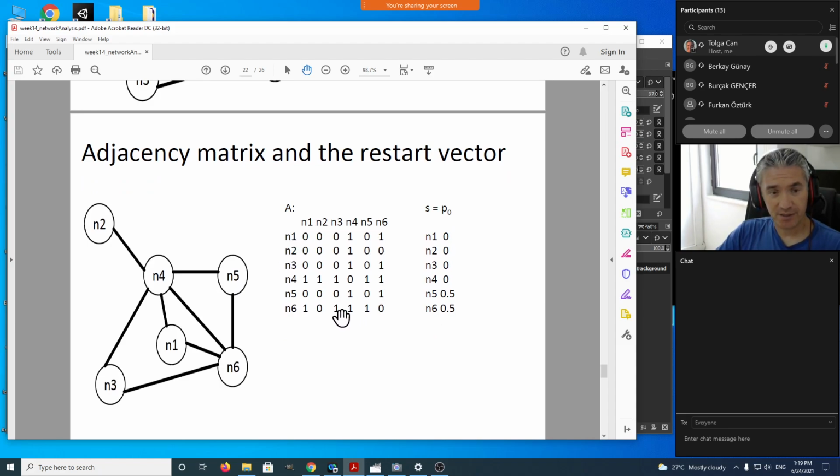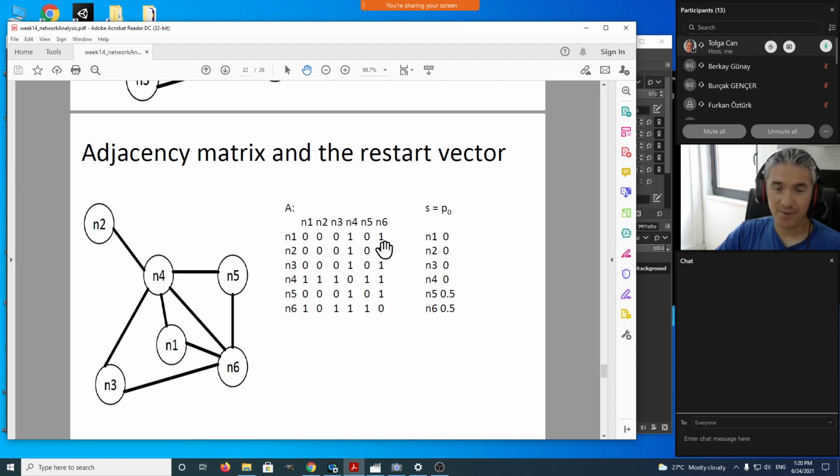This is my adjacency matrix, which shows the connections. For example, N4 is connected to all the other 5 nodes, and I have here 1, 1, 1, 1, 1. I have 5 ones for N4. N1 is connected to N4 and N6 only. As you can see, N1 is connected to N4 and N6.